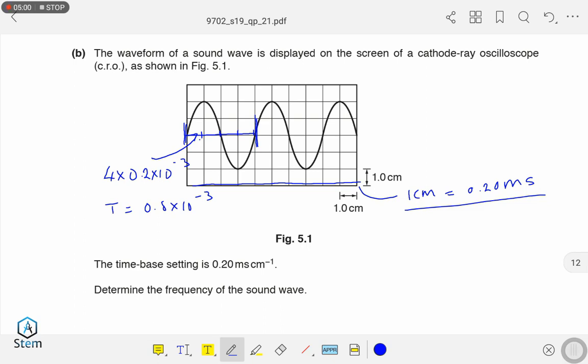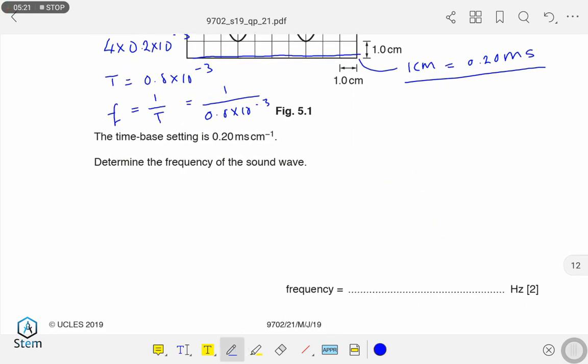So our frequency is equal to 1 over T, which is equal to 1 divided by 0.8 times 10 to the power minus 3. If we punch that in our calculators, we will get 1300 hertz.